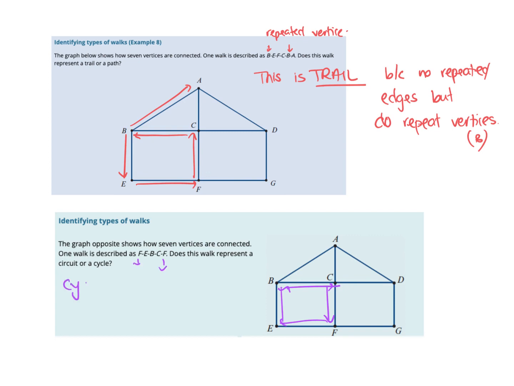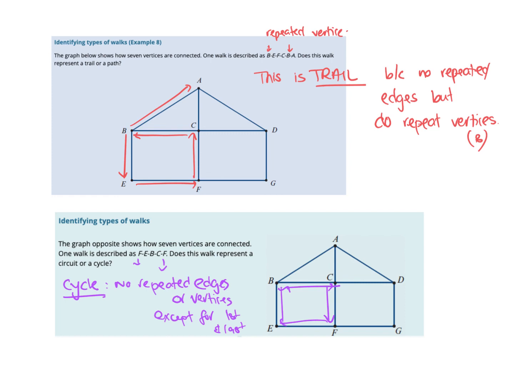So this one is a cycle because we've got no repeated edges or vertices, except for the first and last.